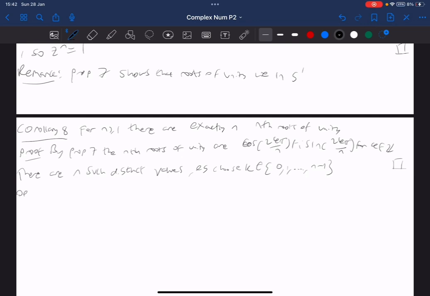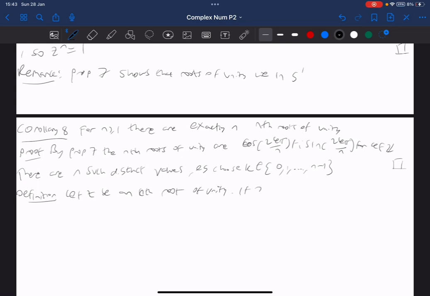Which then brings us to this definition, which is logical sense, but you'll see what I mean in a minute. We're going to let z be an nth root of unity, using that definition that I started today's lecture with. So let z be an nth root of unity.